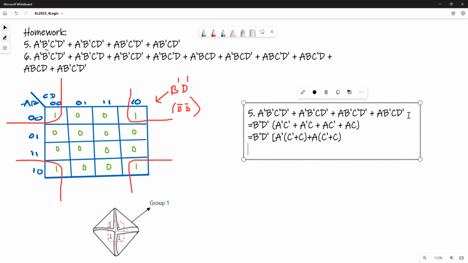So now we are left with B dash D dash, and C dash plus C means what, Kanta? 1, right? So we are left with A dash plus A, that is 1. So the final answer would be B dash D dash.